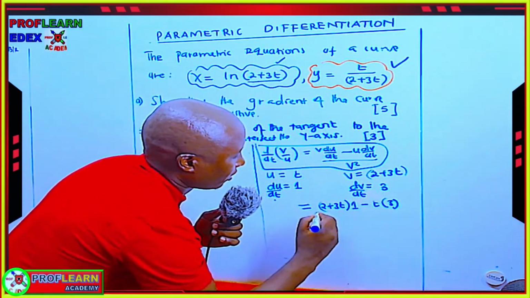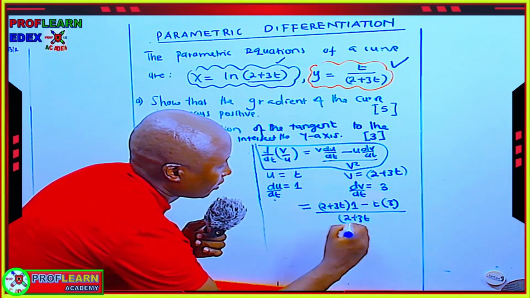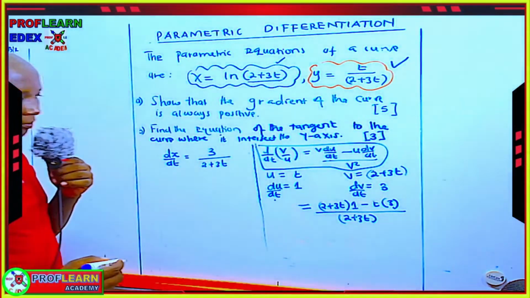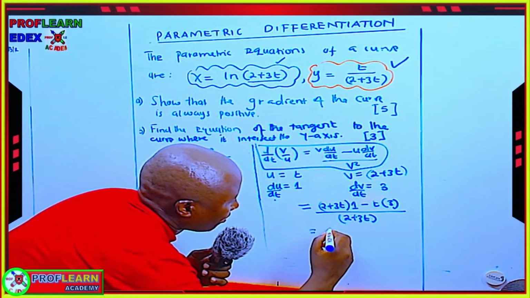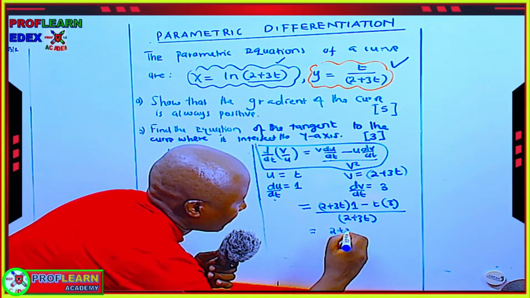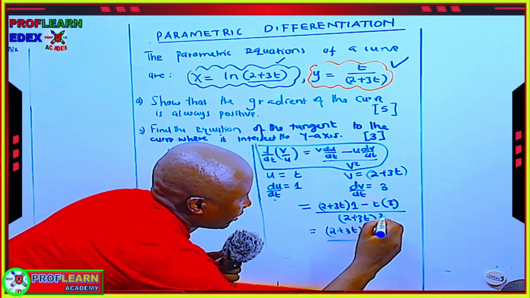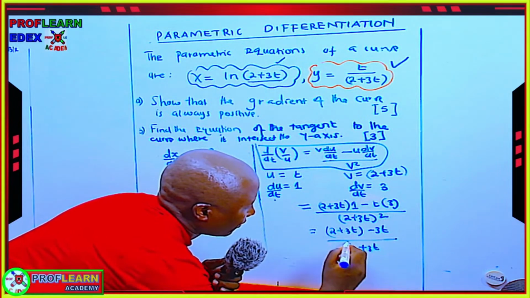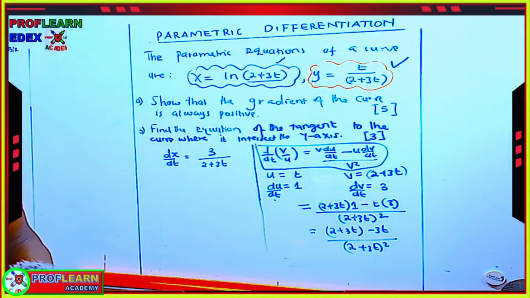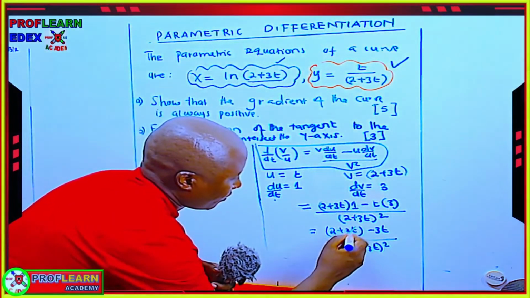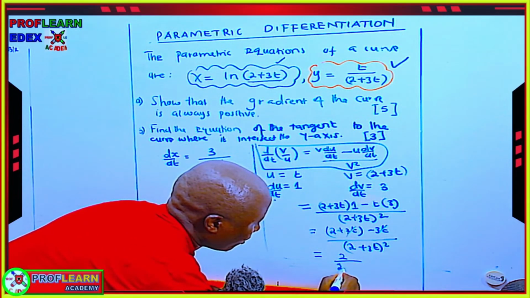So we shall have that over v squared, but our v was 2 plus 3t, so we're going to square that. Having worked it up to that point, this translates to 2 plus 3t minus 3t divided by 2 plus 3t squared. This and this cancel out, and we end up with 2 over (2 plus 3t) squared.